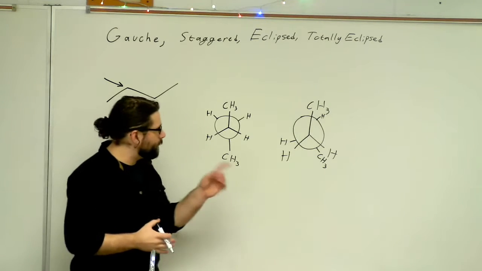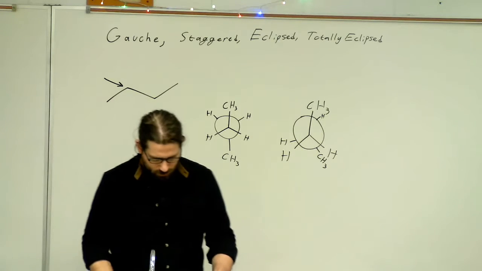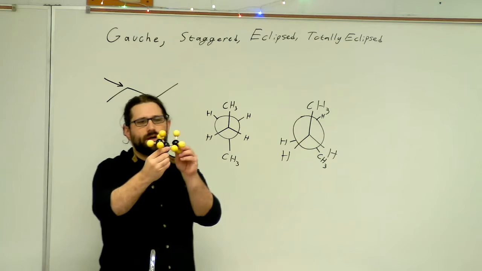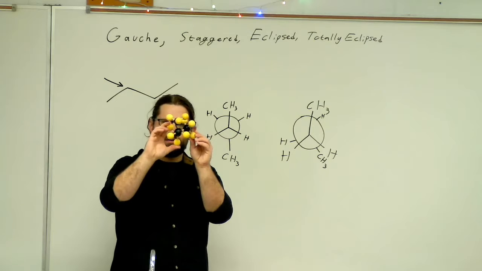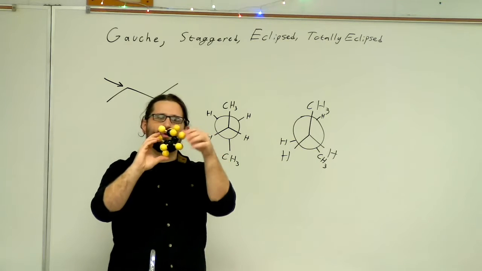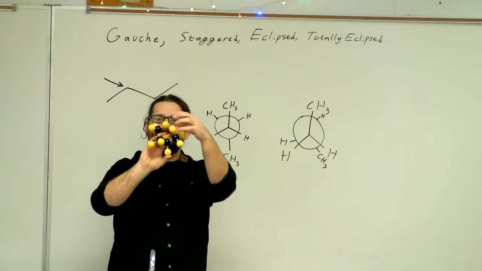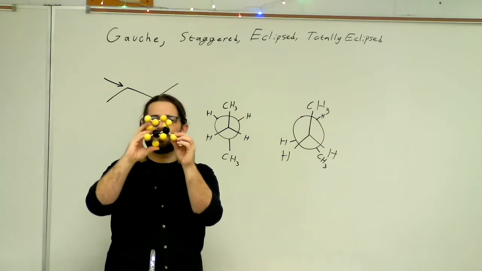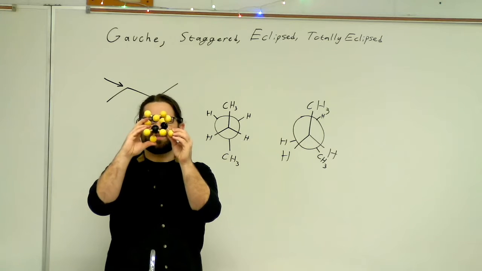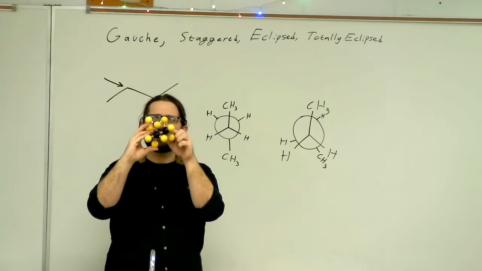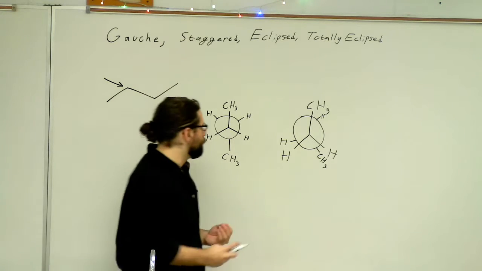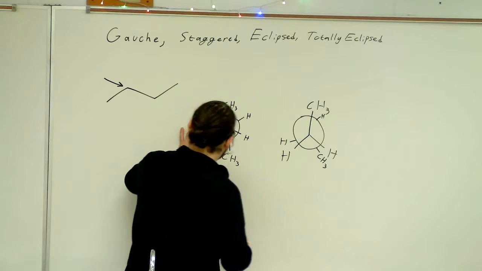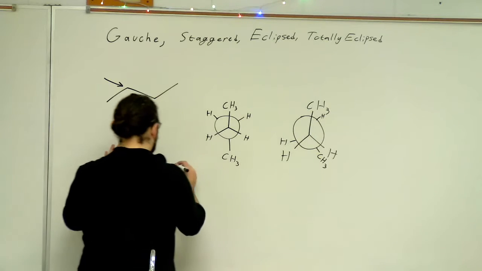So I've got an eclipse, but I could turn this again, and I could have a different kind of staggered conformation. If I look at this, these methyl groups are now really close together, and that's a lot of electron density near each other. So even though this is a staggered conformation, it is a unique conformation. It has a unique energy level. And so let's draw that right here.